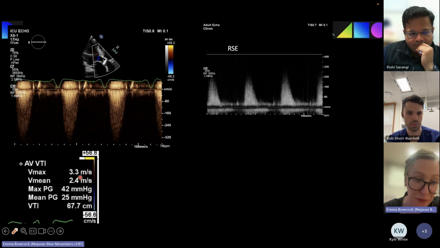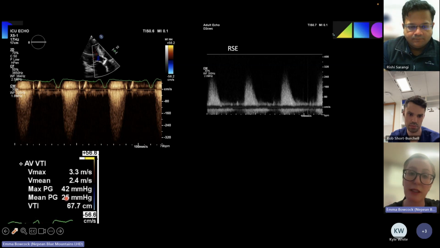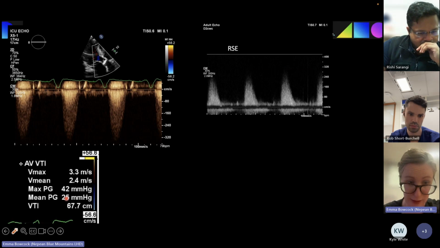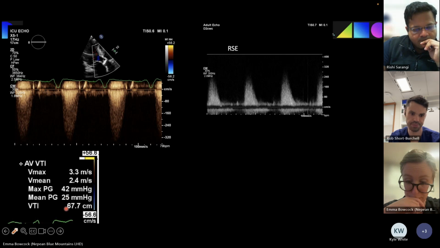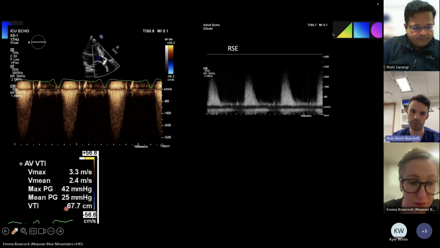So this patient, a Vmax of 3.3, mean gradient of 25. So where does that put this patient in terms of severity? Thinking back to that table of aortic stenosis, mild, moderate, or severe, based on gradients. 3.3 would be moderate.